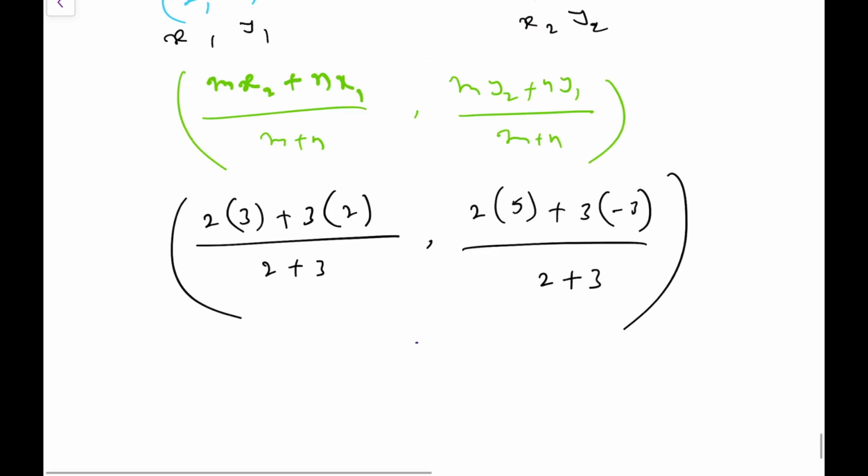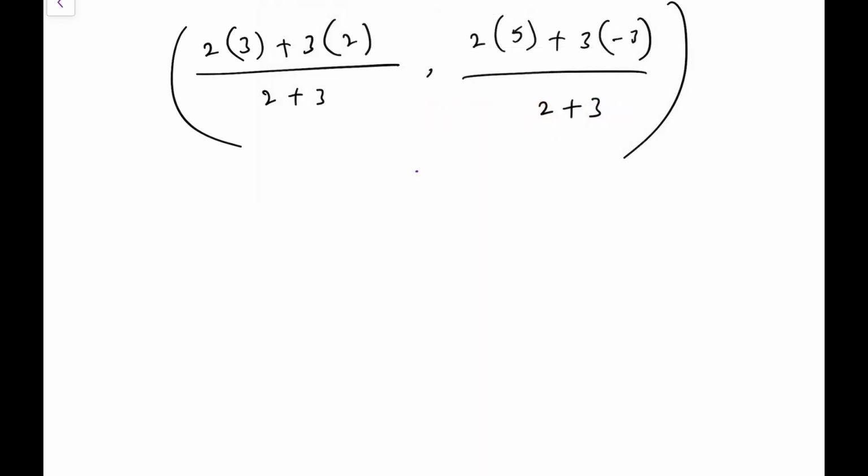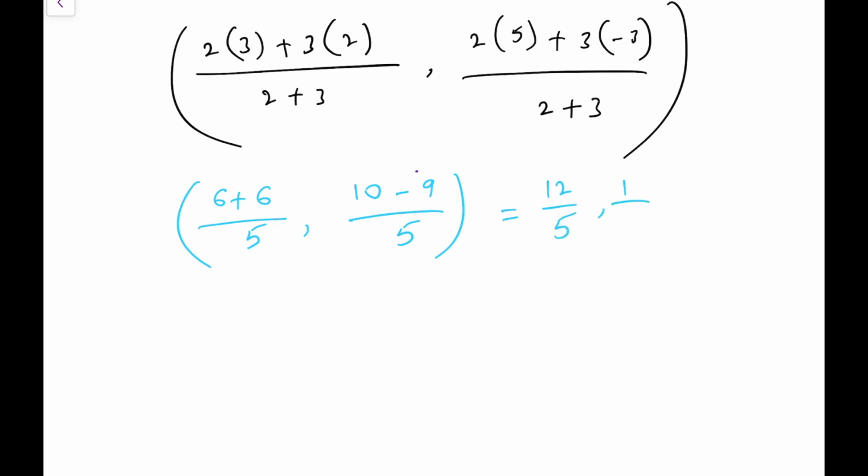Let us calculate this. 2 3s are 6 plus 3 2s are 6 by 2 plus 3, 5, comma 2 5s are 10 plus 3 into minus 3, minus 9, by 2 plus 3, 5. That is 6 plus 6, 12 by 5, comma 10 minus 9, 1 by 5. So the point P is 12 by 5, comma 1 by 5.